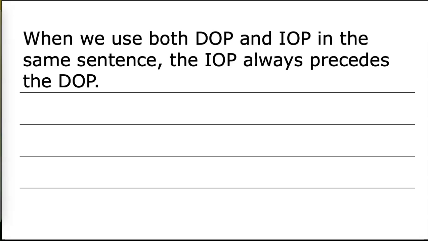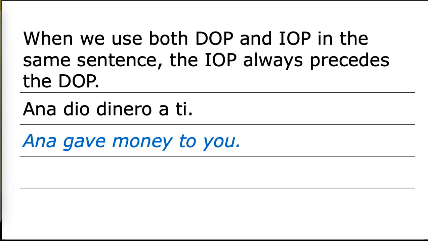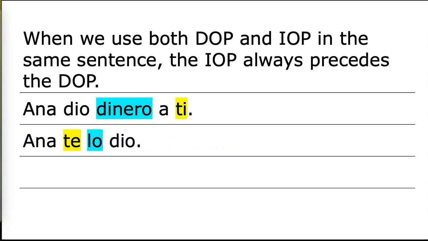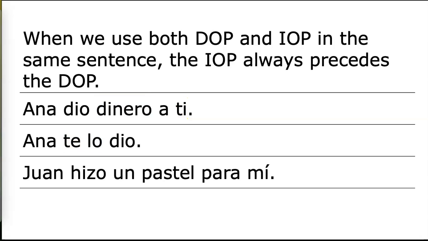However, when we use both direct object pronouns and indirect object pronouns in the same sentence, the indirect object pronoun always comes first. So our sentence, Ana dio dinero a ti, which means Ana gave money to you. When we use both object pronouns, it becomes Ana te lo dio.